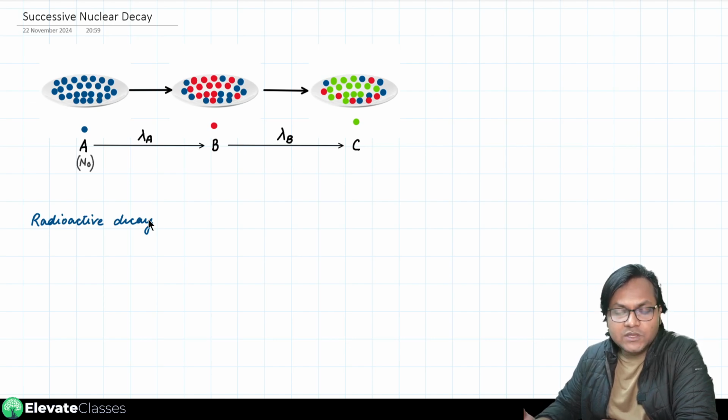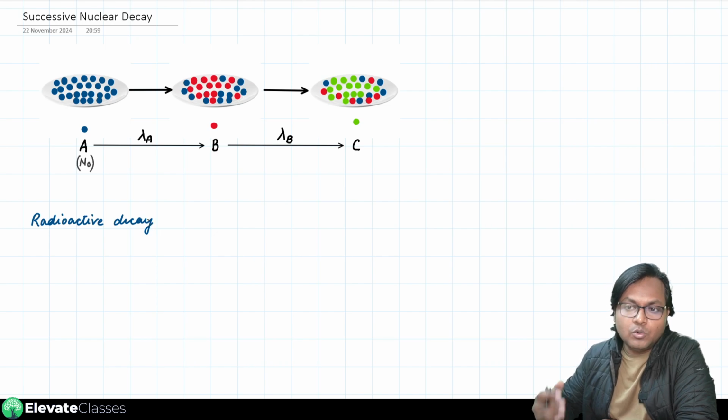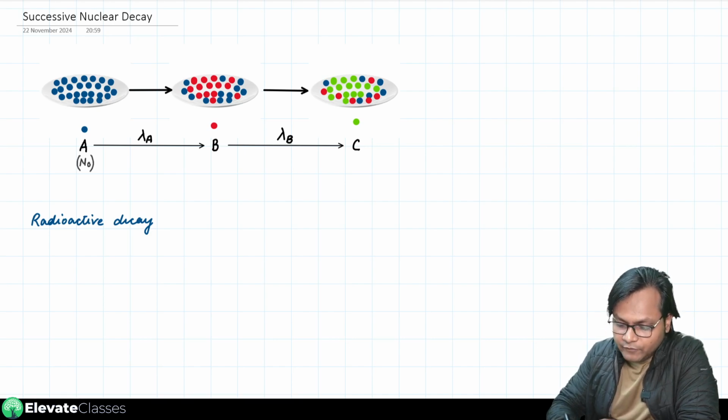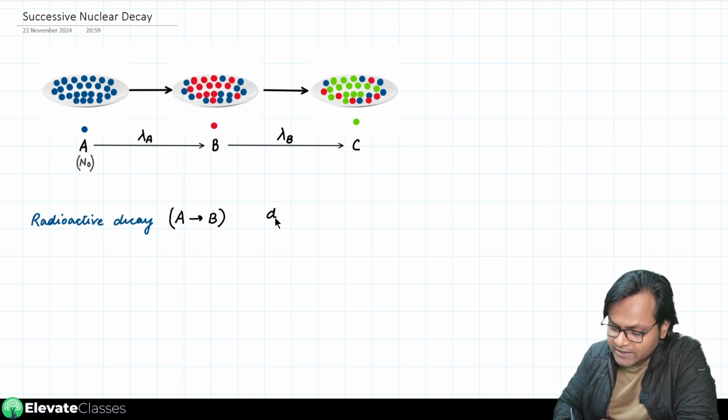And experimentally speaking, it is directly proportional to the total number of radioactive nuclei present at that given point in time. So if we focus on the decay from A to B, the rate at which A decays with respect to time is simply equal to minus lambda A times N_A.